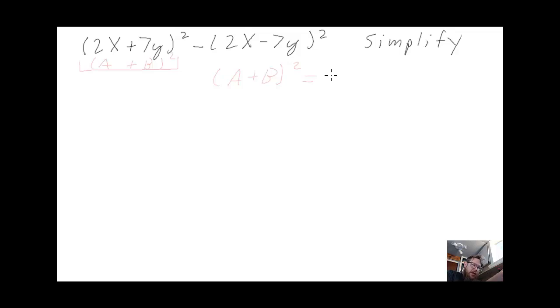What happens when you do this is you get a squared plus 2ab plus b squared. If you remember that, you know it's quick. You can plug it in. If you don't remember it, it's not a big deal. We've all learned how to do this in algebra, to distribute the terms. So I'm going to work on this first term.